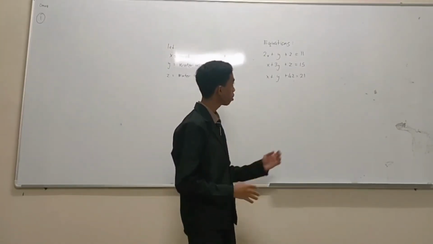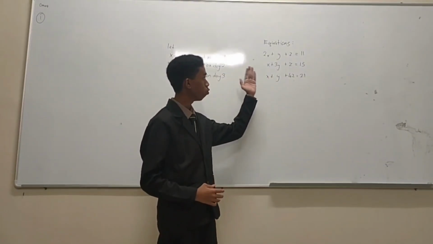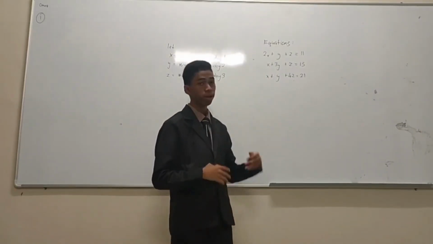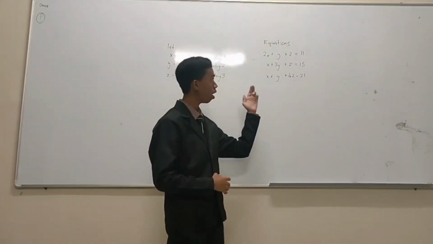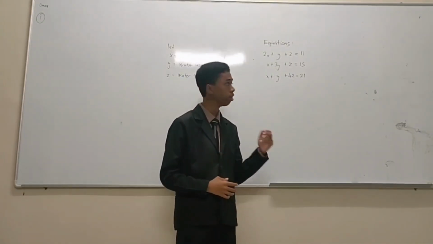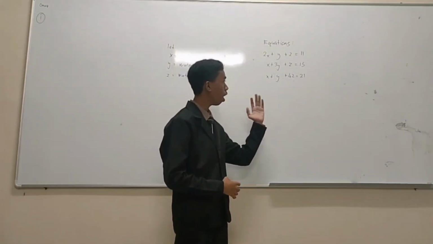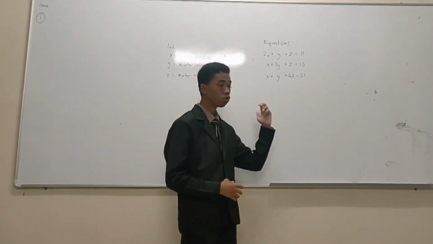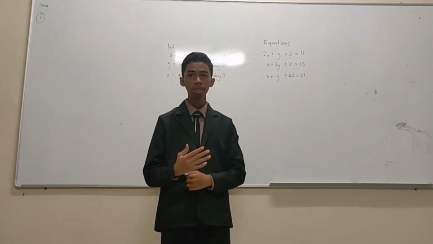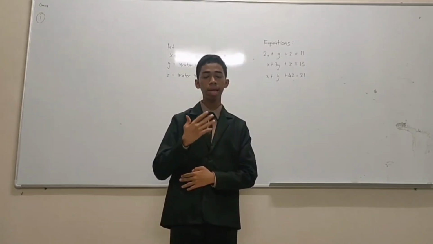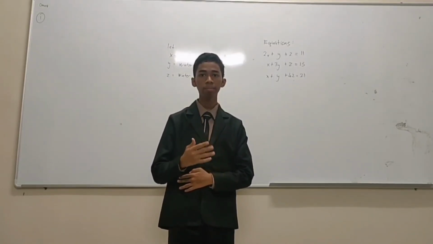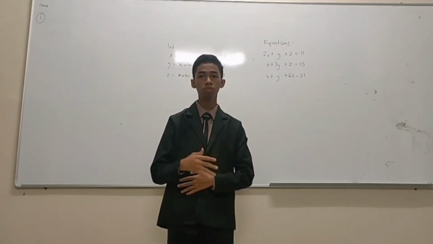For basil, 2x plus y plus z equals 11. For mint, x plus 3y plus z equals 15, and x plus y plus 4z equals 21. These equations represent the relationship between daily water usage and total water used for each herb.